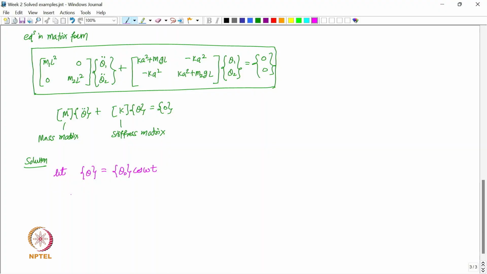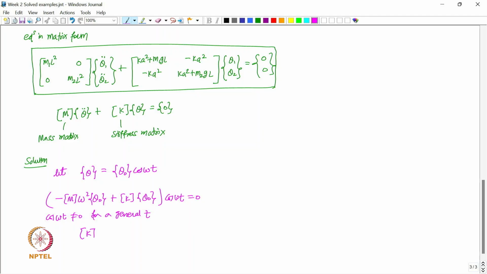If you substitute this in the equation of motion, then you get minus m omega square theta naught plus k theta naught, times cos omega t, equal to 0, right. Obviously, because the time variable t is arbitrary, cos omega t is not 0 for general t. Therefore, this quantity must be 0.